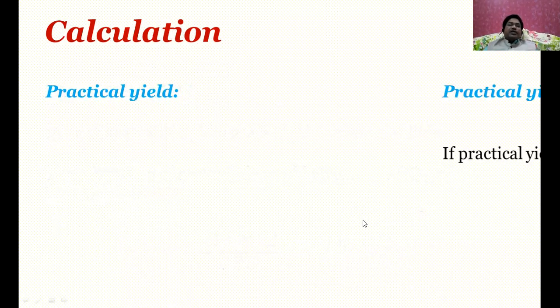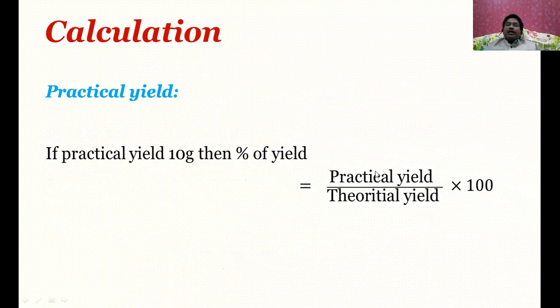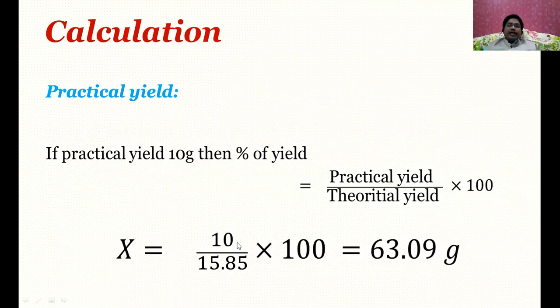Let us see the practical yield. Suppose the practical yield is 10 grams, then how do we calculate the percentage yield? Practical yield divided by theoretical yield into 100. The practical yield is 10 grams, but the theoretical yield is 15.85, into 100. It is going to be 63.09%.